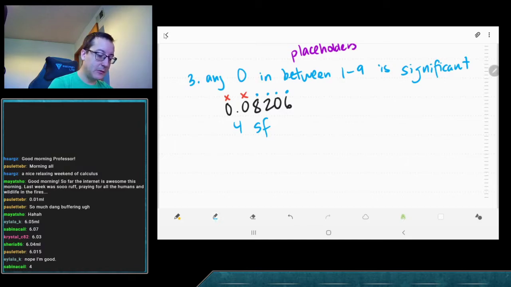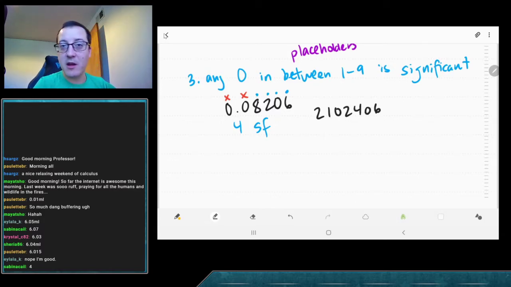Alrighty, so same thing, just throwing out random numbers here. How many sig figs is this one going to have? And then let me do another one here.